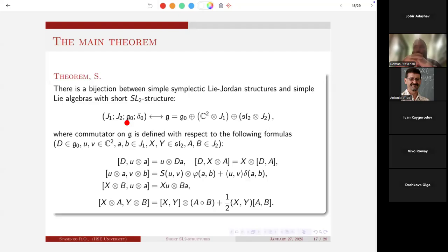So if we classify all the short SL2 structures on the simple Lie algebras, we get the full classification of the simple symplectic Lie-Jordan structures.